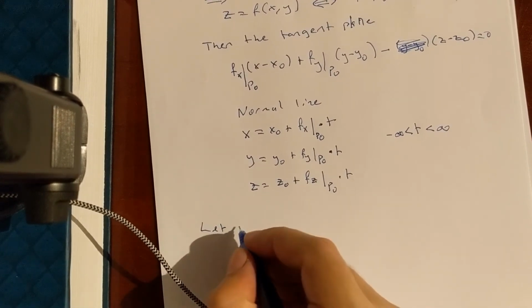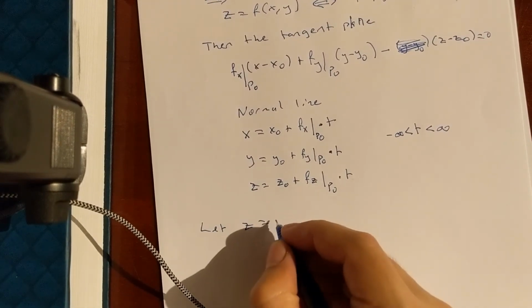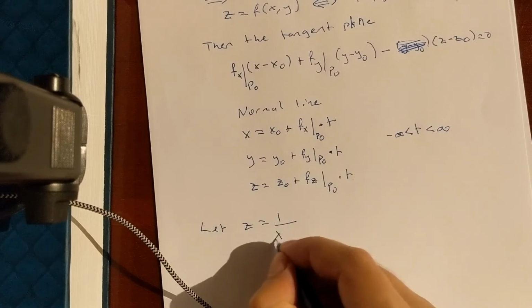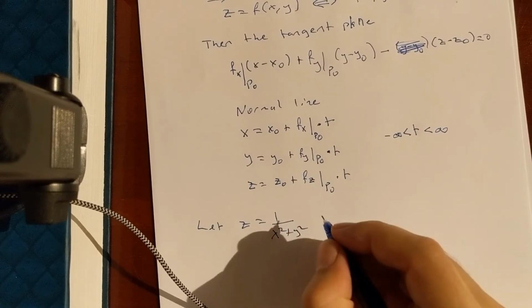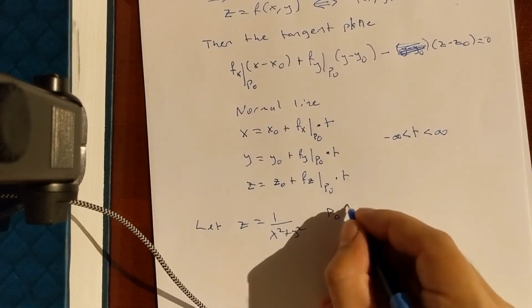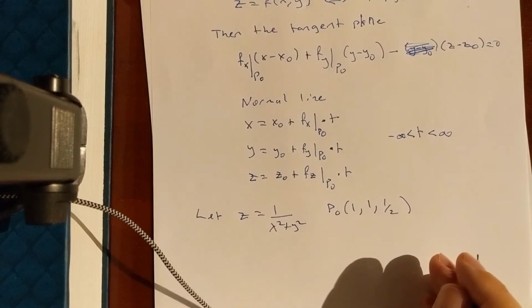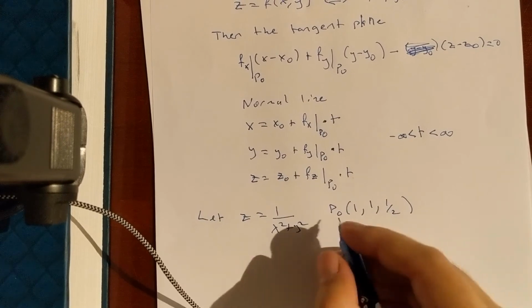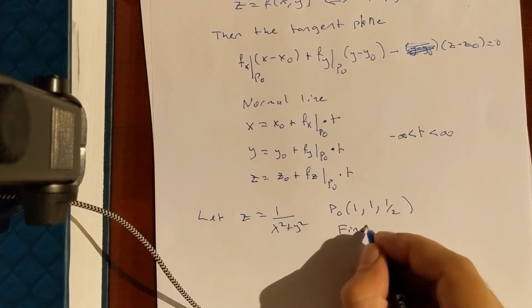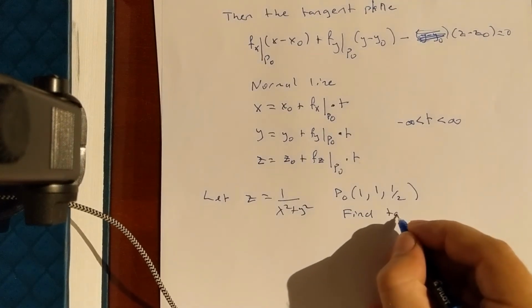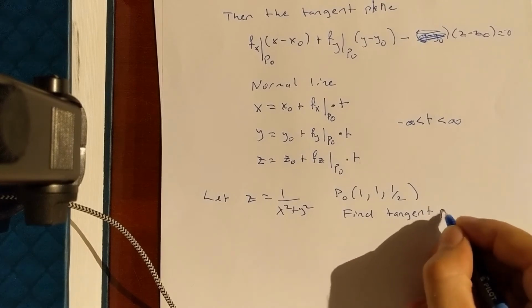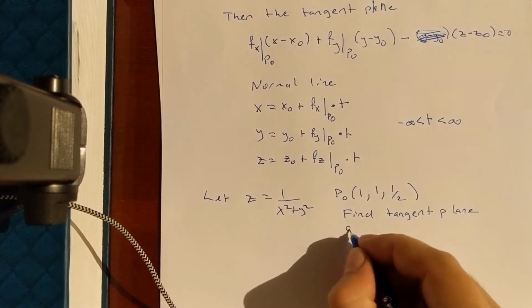Let z be equal to 1 over x squared plus y squared, and P naught is (1, 1, 1/2). I want to find the tangent plane and the normal line.